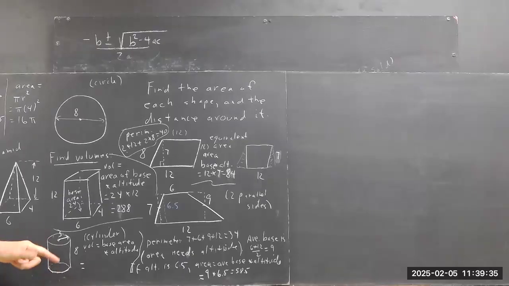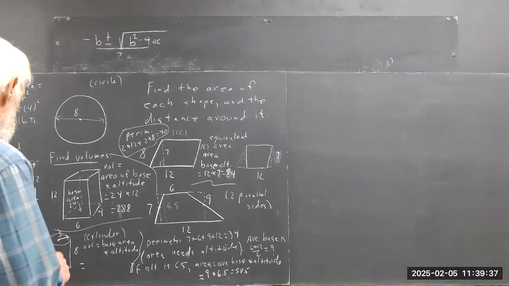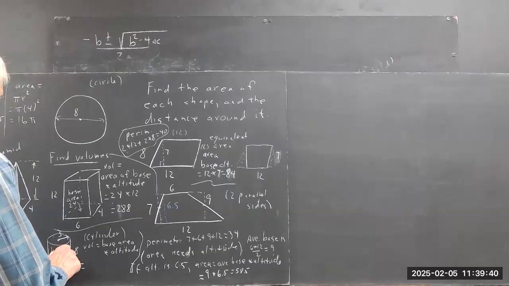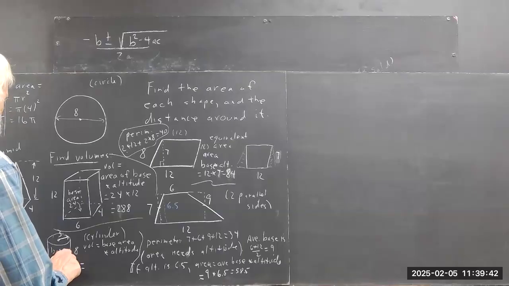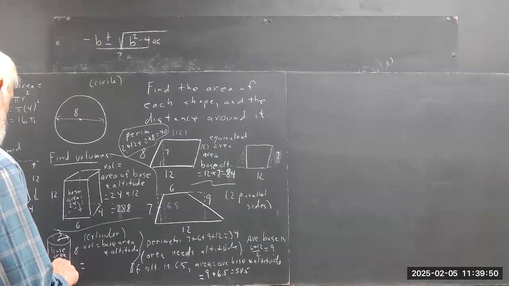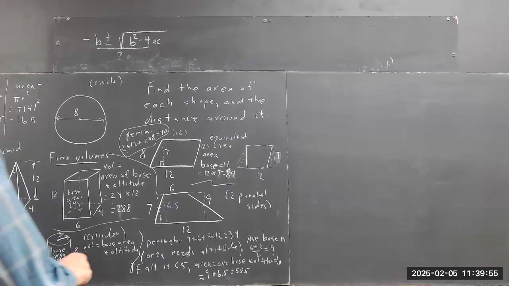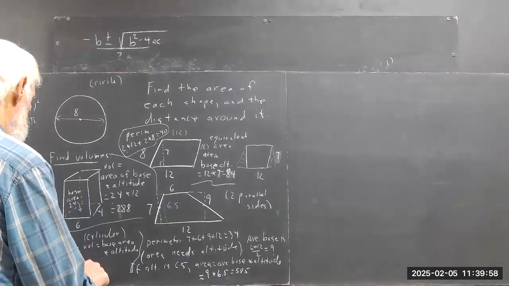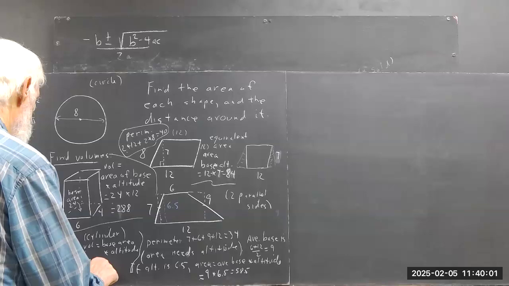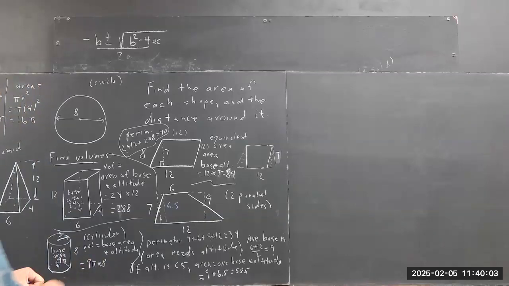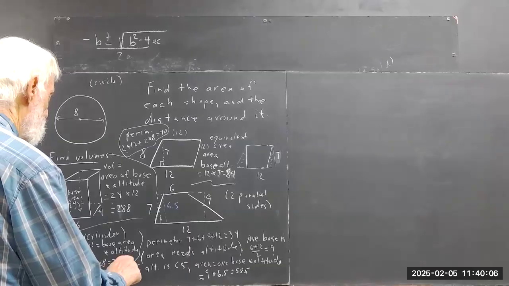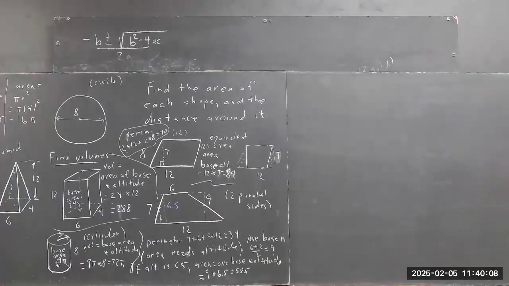And the base is up here or down here, any cross section. And that's pi times the square of the radius. That's 9 pi. So that equals 9 pi times 8, which is 72 pi. Okay.